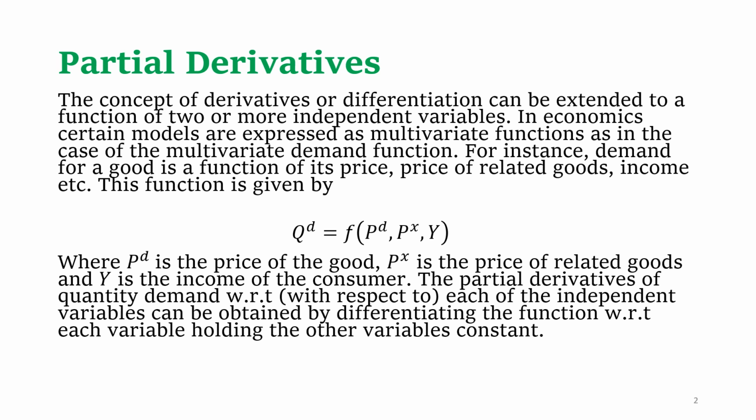It could be a substitute or a complement, either complementary goods or substitute goods. So the price of other goods or related goods. And then Y, the income of the consumer. Because what we normally buy depends on what we have. So the demand for a good depends on our income as well.